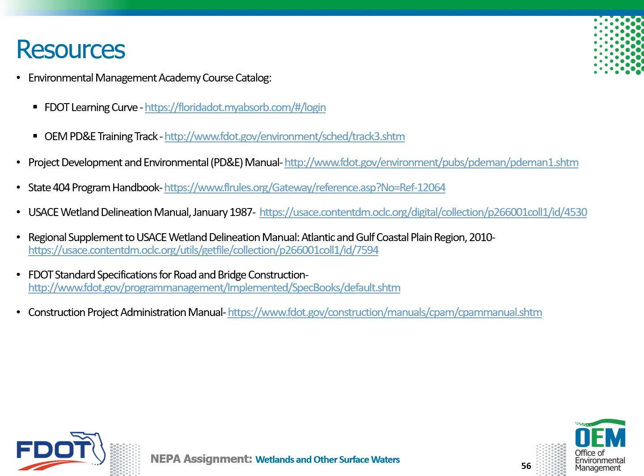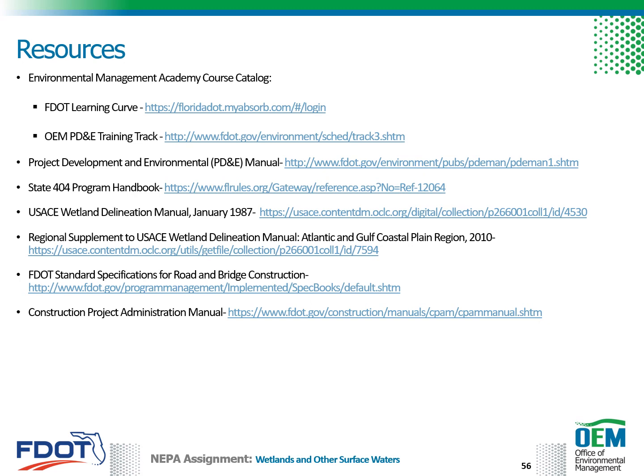The Office of Environmental Management maintains a central library of training materials as well as documents and publications including manuals, handbooks, guidelines, and agreements. Key references pertinent to this training include the Environmental Management Academy course catalog, which is available in FDOT's Learning Curve, as well as through the OEM PD&E training track.